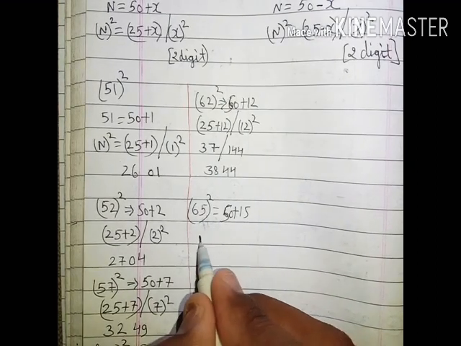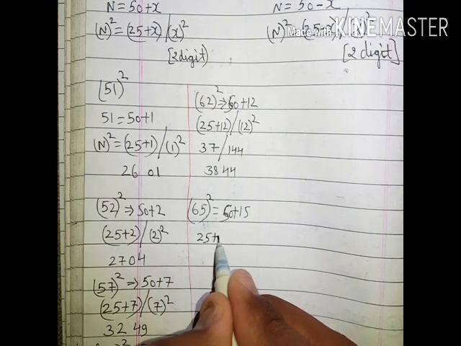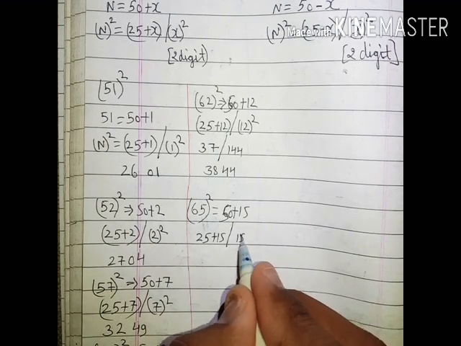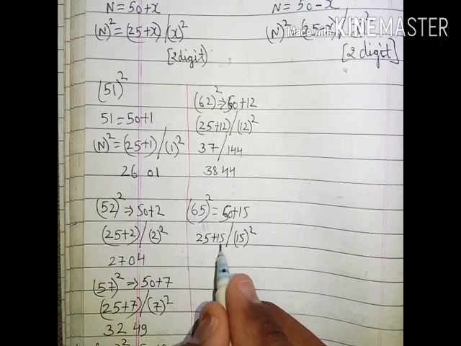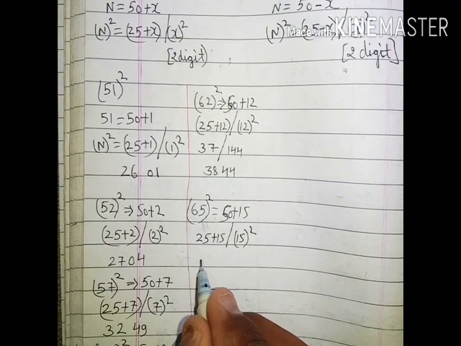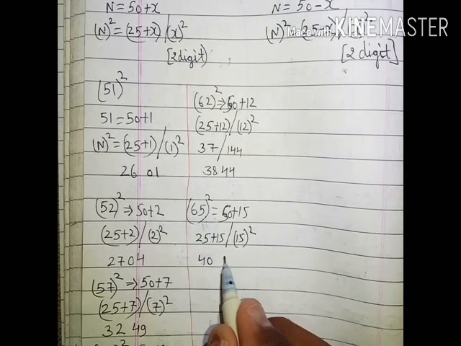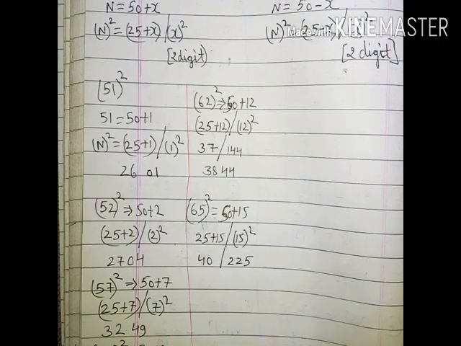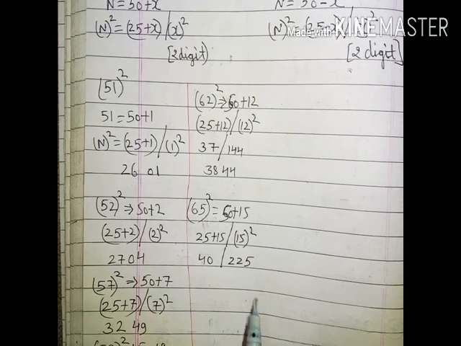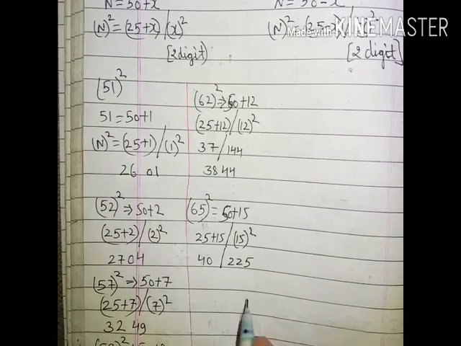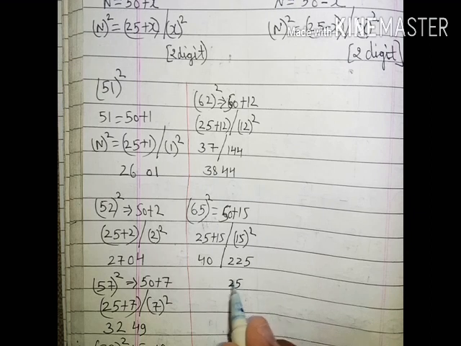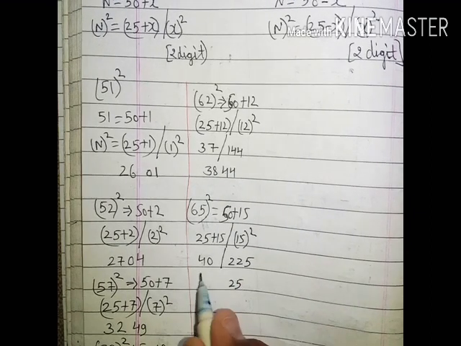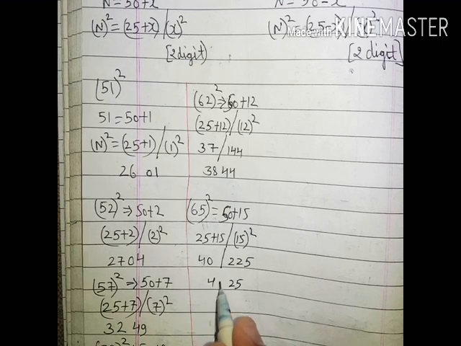So on the left side we add 25 plus 15, and on the other side the square of 15. 25 plus 15 becomes 40, and the square of 15 is 225. But we have to write only two digits on the right side, so we will write 25 and carry 2 to the left side. 40 plus 2 becomes 42.